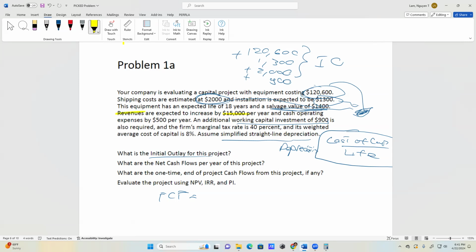Revenue is expected to increase, operating expense is expected to increase as well. So it's just going to be 15,000 minus 900 minus depreciation. Everything multiplied with 1 minus tax, right? Which is 1 minus 0.4. And this should be 0.6, right? And then remember, add back depreciation.